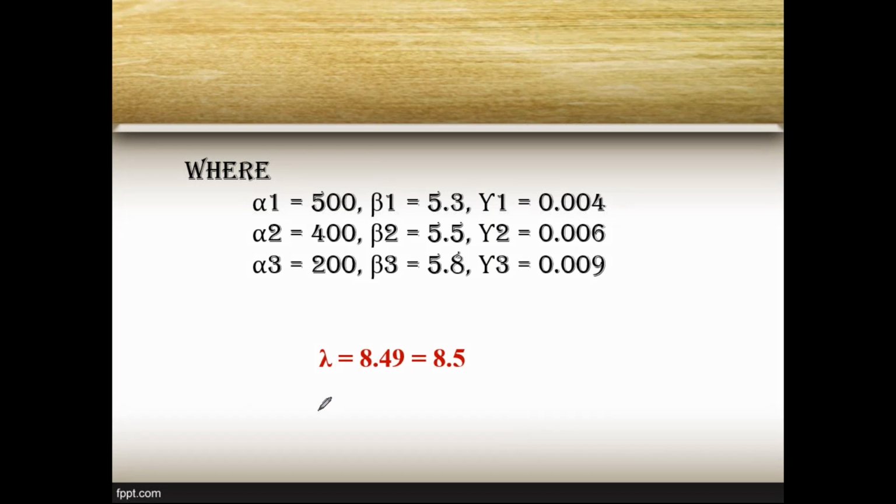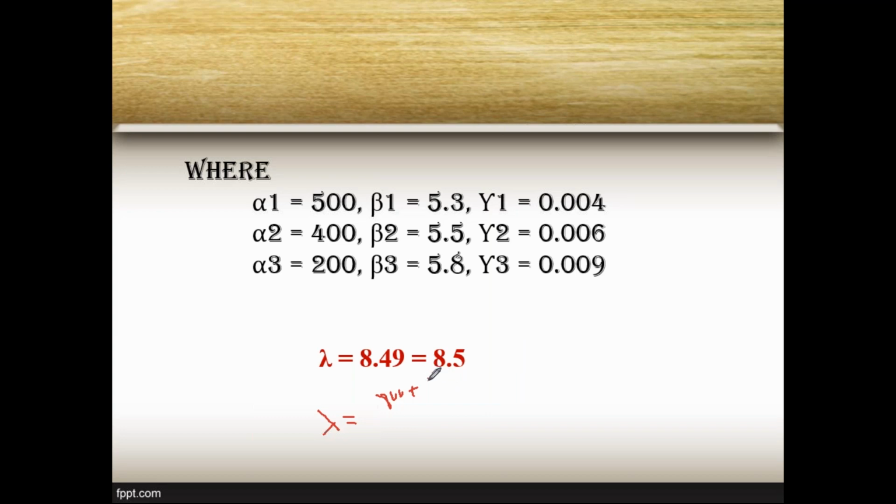So for this lambda, what is the power demand value here? 800 plus beta 1 divided by 2 gamma 1 plus beta 2 divided by 2 gamma 2 plus beta 3 divided by 2 gamma 3.